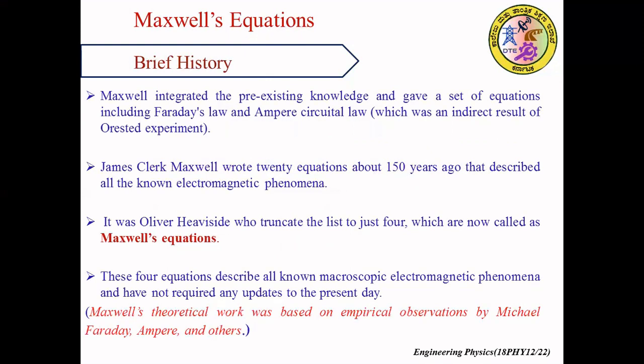But later, Oliver Heaviside, who further worked upon these equations, made use of vector calculus and reduced the 20 Maxwell's equations into just 4 mathematical equations, which we now regard today as the popularly called 4 Maxwell's equations.